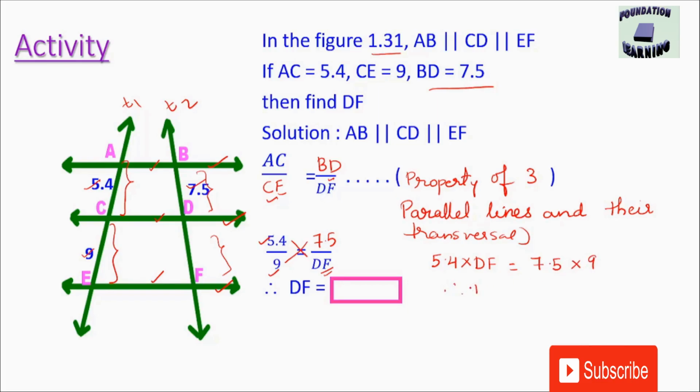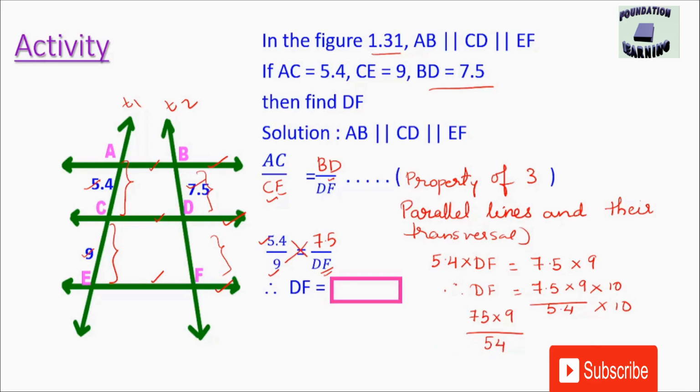Therefore DF is equal to 7.5 into 9 upon 5.4. We multiply both numerator and denominator by 10, and what will you get? We will get 75 into 9, the decimal I have removed by multiplying by 10, upon 54.